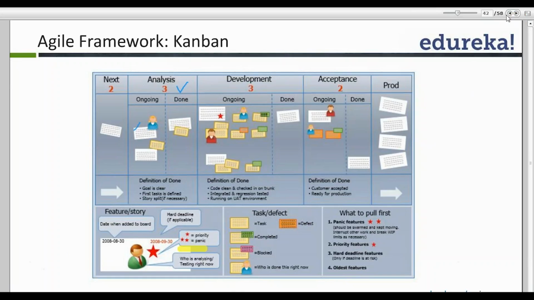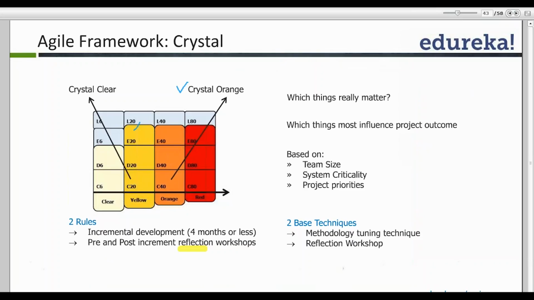Crystal. The Crystal methodology talks about incremental development, and it talks about grades, the various grades in which a project can exist. Crystal is not asked in the exam, just to let you know.